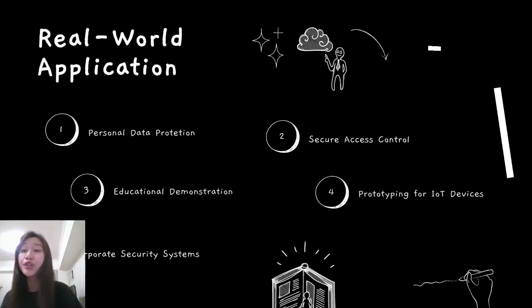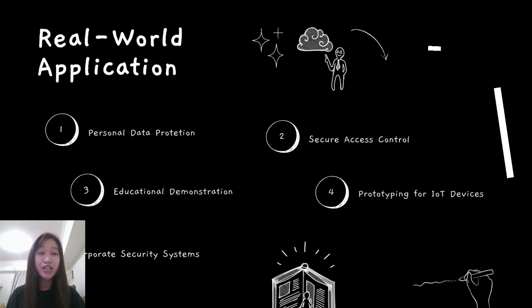Now let's continue to the real-world applications. It includes, first, personal data protection, storing sensitive information like passwords, PINs, or identification numbers in a secure manner, preventing unauthorized access to personal records. Second, secure access control, implementing passcode-based access for devices like safes, lockers, and secure storage systems.